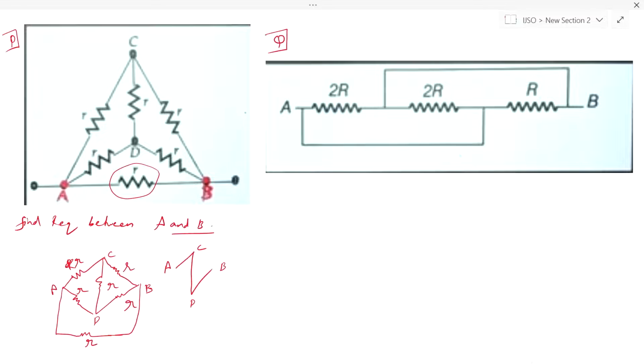Total resistance, same R equivalent between A and B. 5R, right? It's in series. No, how can it be 2R, series? R. It's not connected.